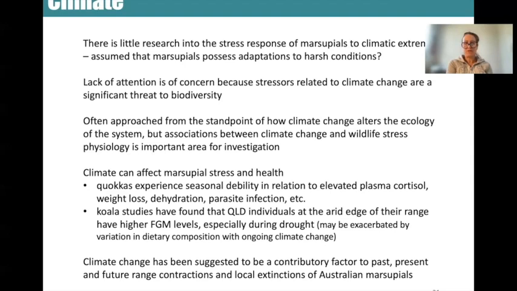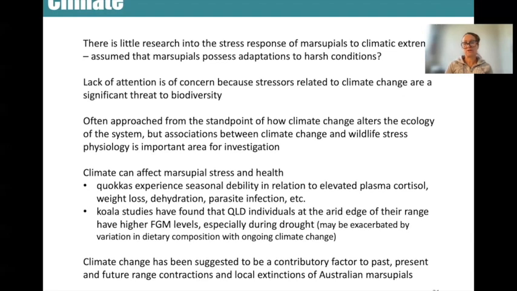Climate change has been suggested to be a contributing factor to past, present, and future range contractions in marsupials, and has been responsible for local extinctions of Australian marsupials.